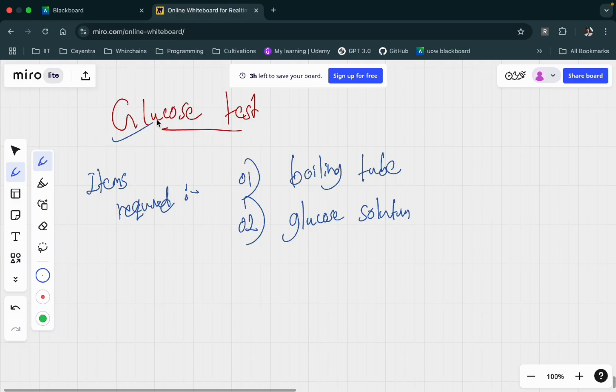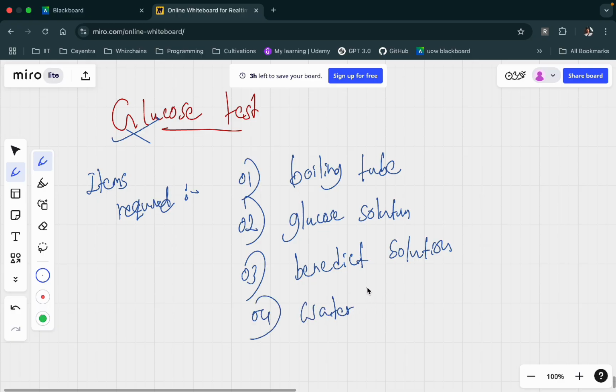If we are testing for glucose, it's very clear that we need a glucose solution, no? Then Benedict solution, then a water bath, then a Bunsen burner also.